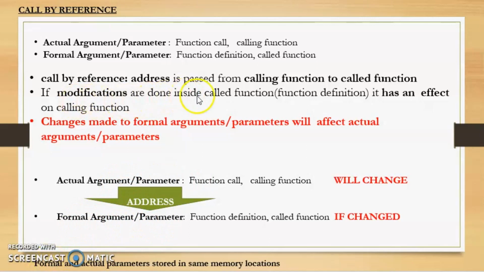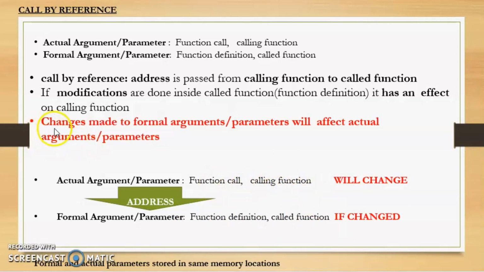So if modifications are done inside the called function, it has an effect on the calling function. Since the address of the variables was passed, any changes done to the variables inside the function definition or the called function will automatically have an effect on the variables inside the calling function.